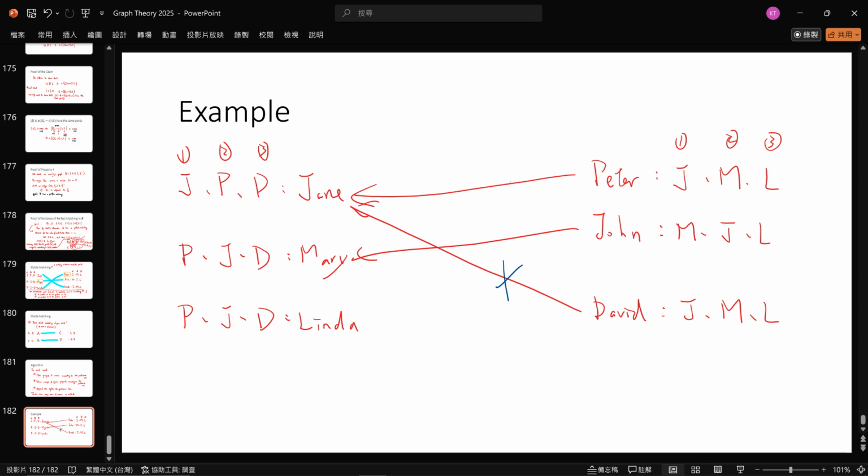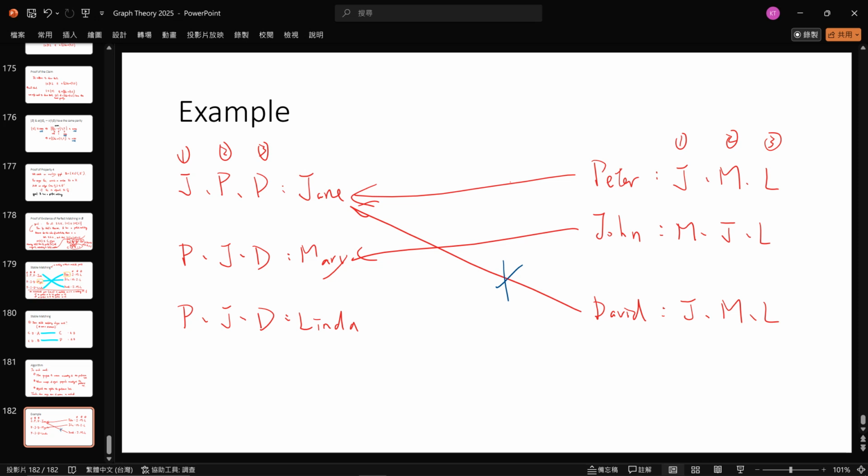Mary only receives one proposal, so she has no choice but to accept John's proposal. And for Linda, Linda receives no proposal, so she waits. So that's the second step.